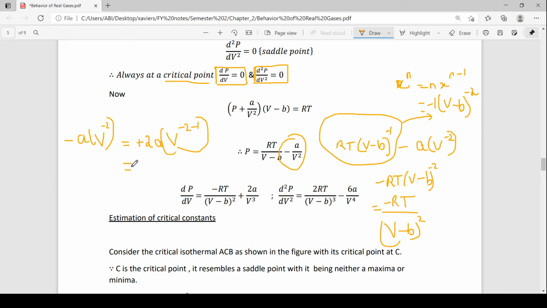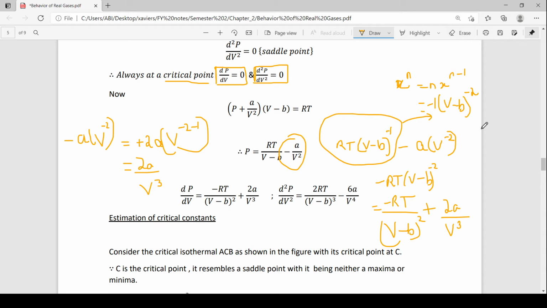So I can write this as 2a upon v raised to 3, correct? That's how I get my term. I get minus RT upon (V minus b) squared plus 2a upon v raised to 3. Clear? How I get dp upon dv?